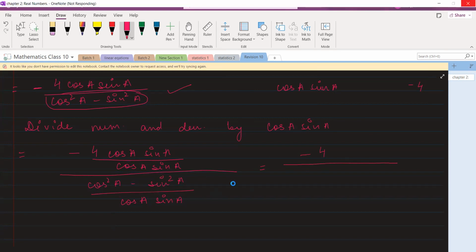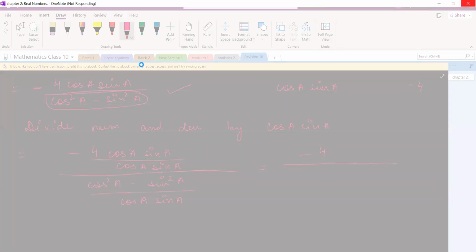And then I can split this LCM in the denominator.